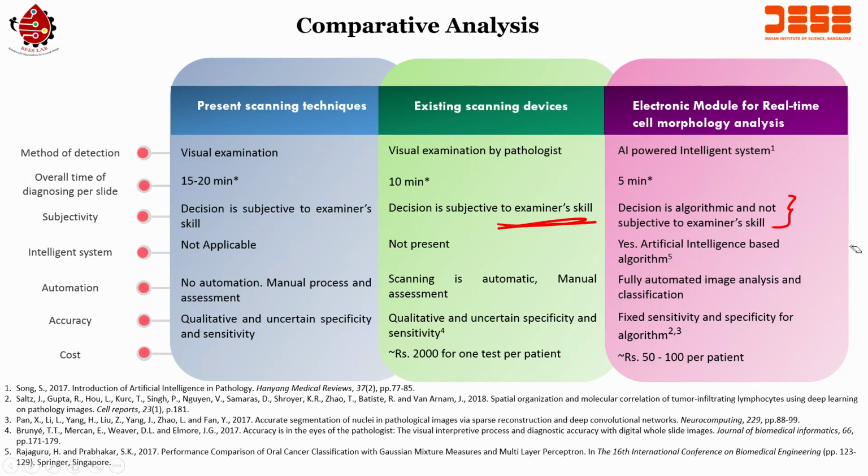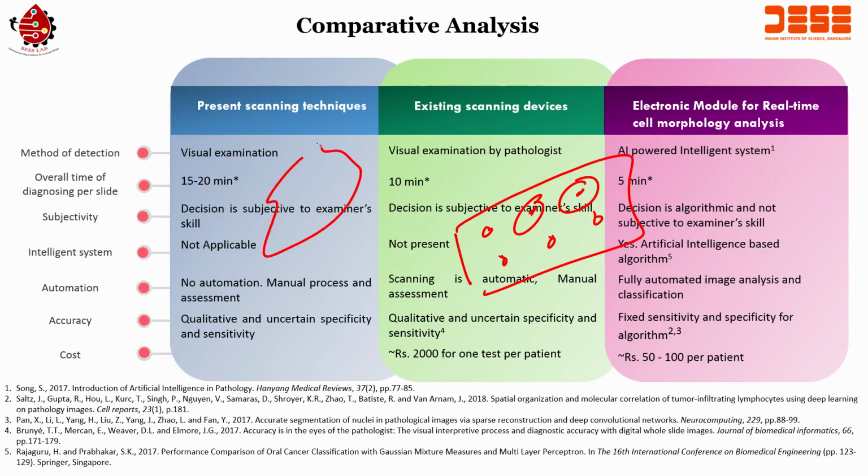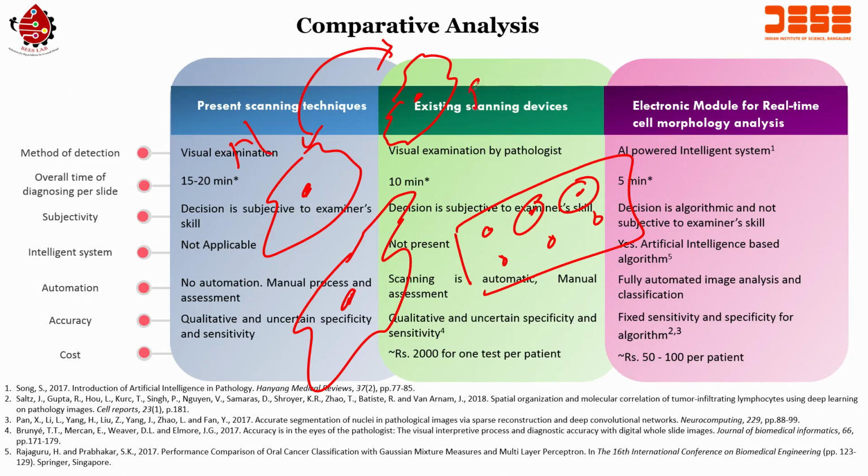So, what exactly is AI and why do we want to use it in our present module? Suppose you have these cells. Which cell is atypical and which is not, you can only know from the difference in cell morphology. If the cell is changing its morphology at pre-malignancy, you will not be able to understand the change between normal and pre-malignant cells.